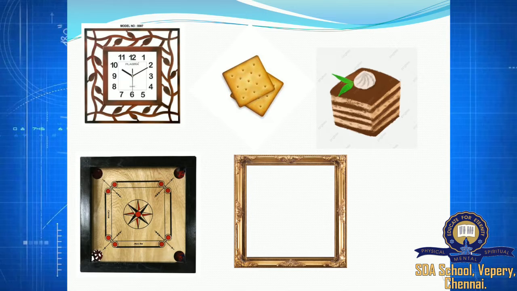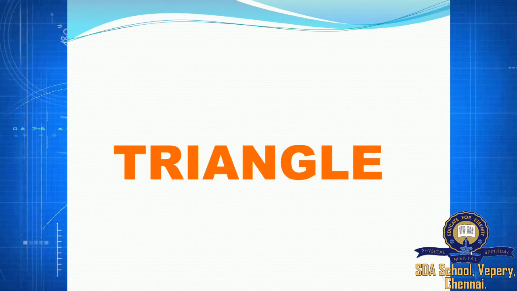Next, we'll see the next shape. The next shape is triangle. What is the spelling for triangle? The spelling for triangle is TRIANGLE. Will you repeat with me? Come, we all join together and say the spelling.